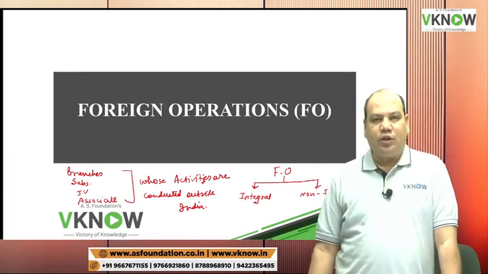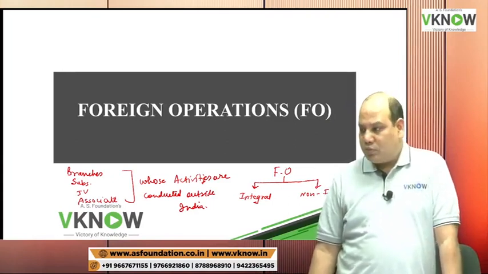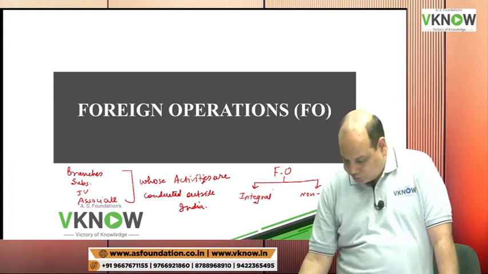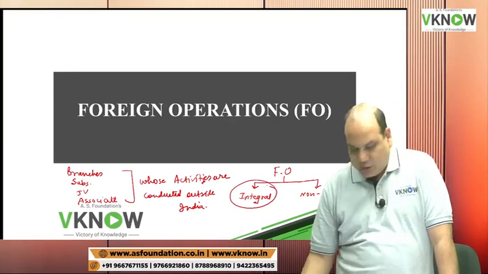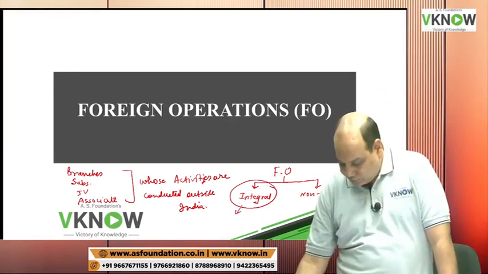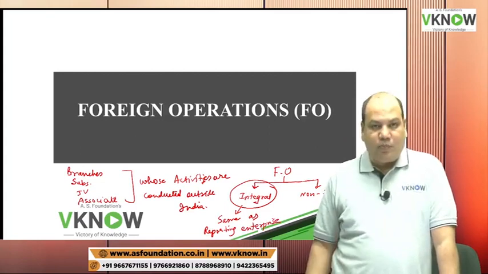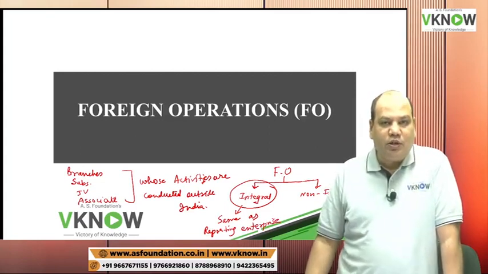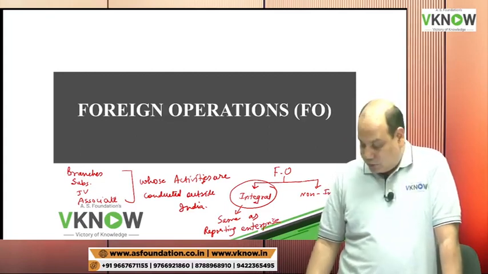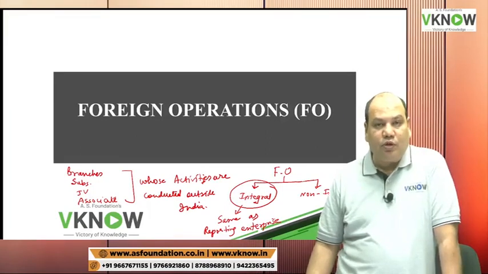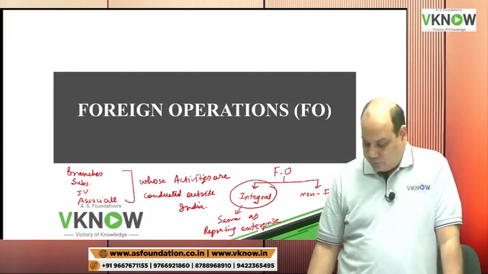Accounting treatment of integral foreign operation is same as reporting enterprise. That means same rules are applicable what you have learned in the last 1 or 2 days. But the accounting treatment for non-integral foreign operation is slightly different.